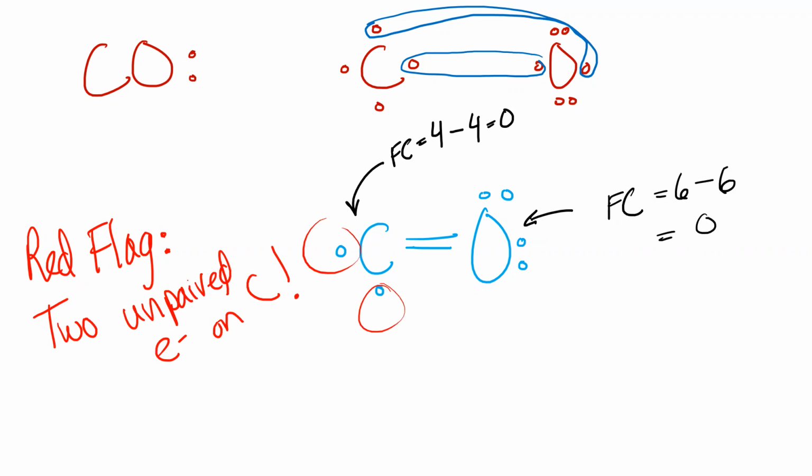Does anyone know what you call a single unpaired electron? It's not a lone pair because it's not a pair. It's called a free radical. Have you guys ever heard of free radicals? We're not talking about rebels that are wanting to go into some sort of revolutionary war.